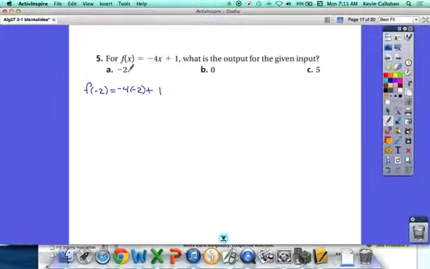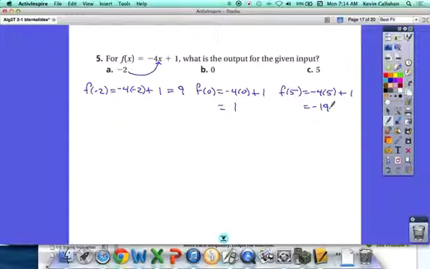I'm just taking this and putting it in there, which is 9. Try this one. F of 0 equals negative 4 times 0 plus 1, which is 1. What is f of 5? Negative 4 times 5 plus 1, which is negative 19.